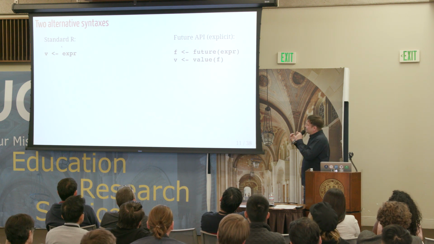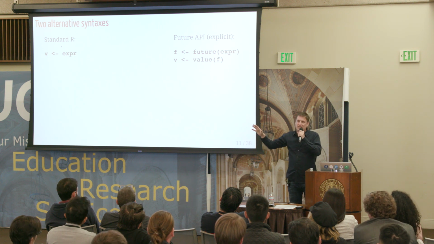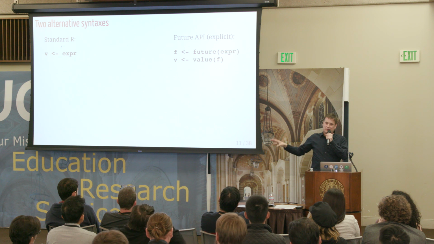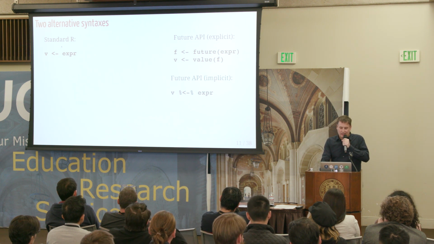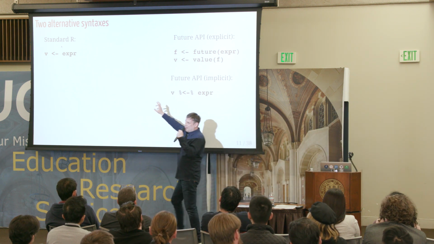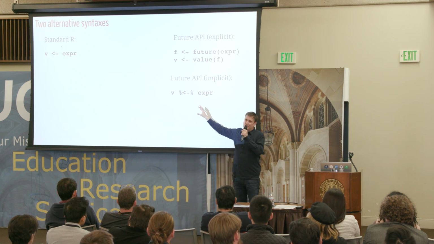So that's what I call the explicit API to create this. And by the way, there's nothing magic or hacking in R here. This is pure R going on under the hood. There's no native code, nothing here. There is also this operator to make it more similar to the original one, which I call the future assignment operator.